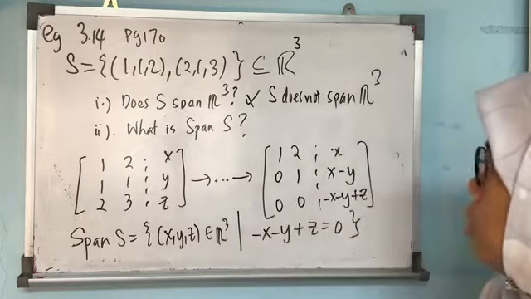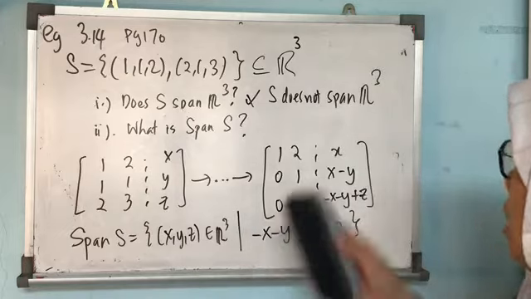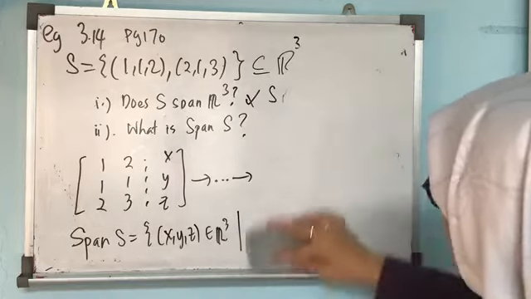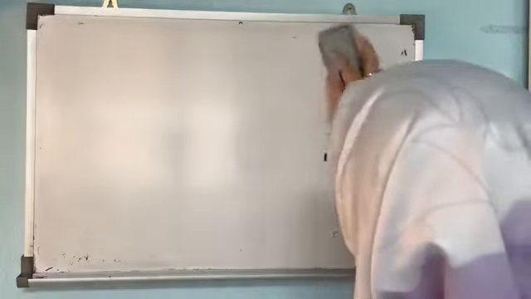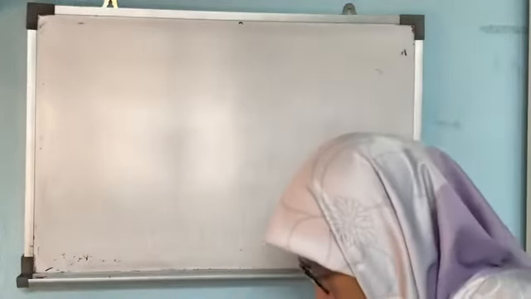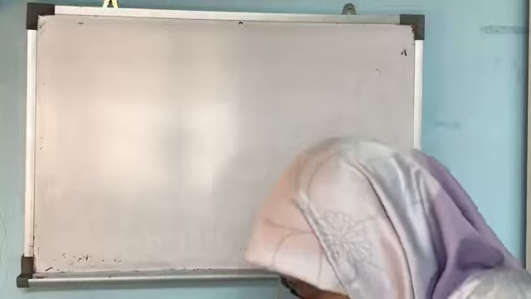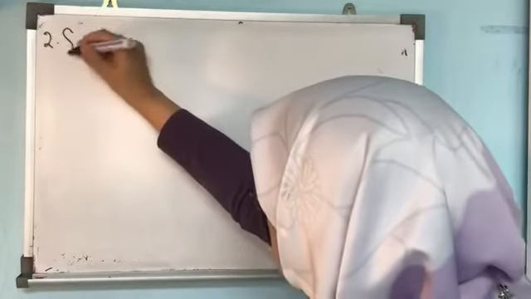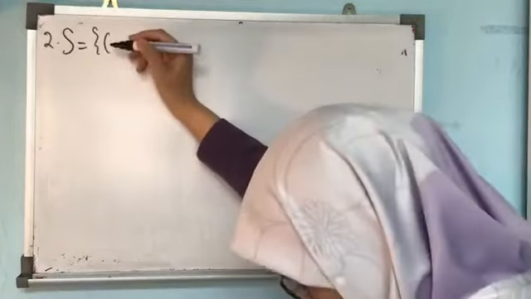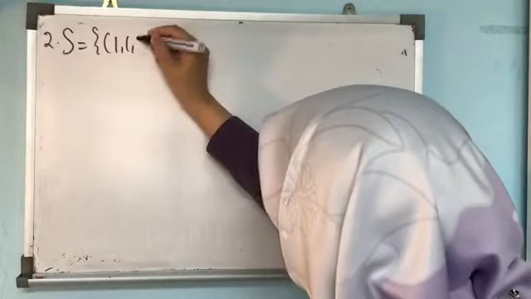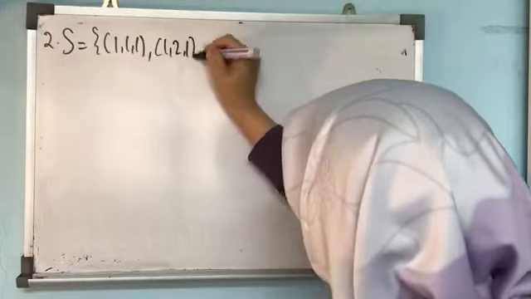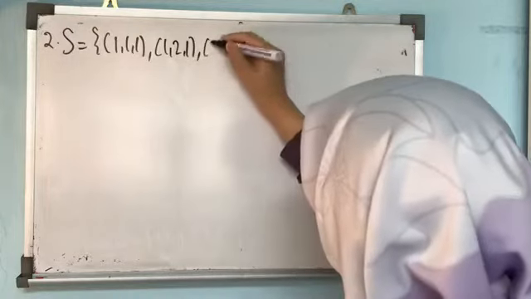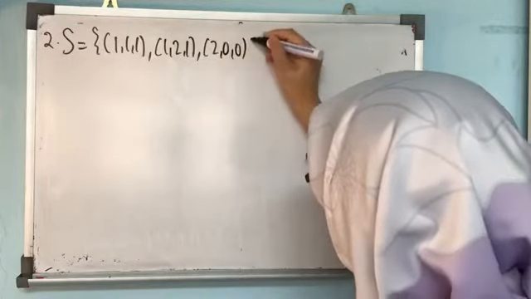Okay, so we go back to the case M equals N, because this one I didn't finish before, so I show you the spanning. Now to go to the second case, S equals 1, 1, 1, 1, 2, 1, 2, 0, 0.